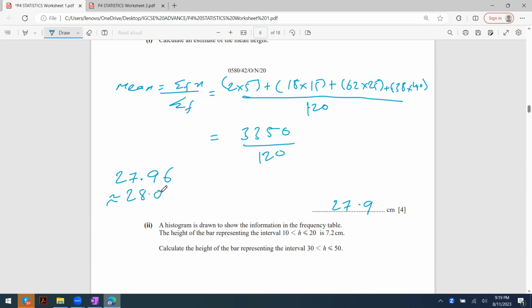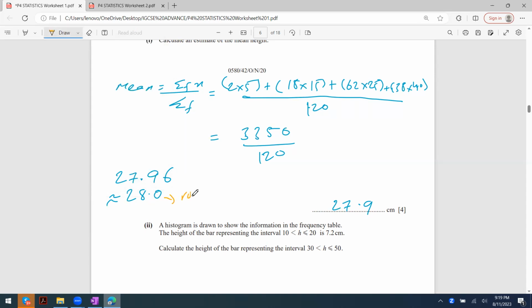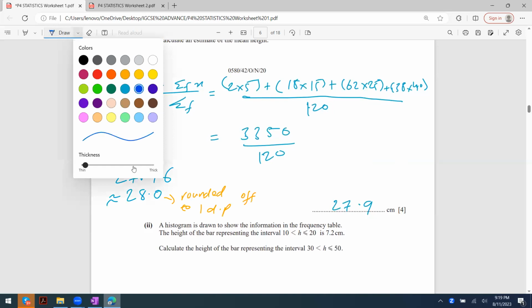Why do we write 0.0? This tells us that the number was rounded off to one decimal place, or three significant figures.